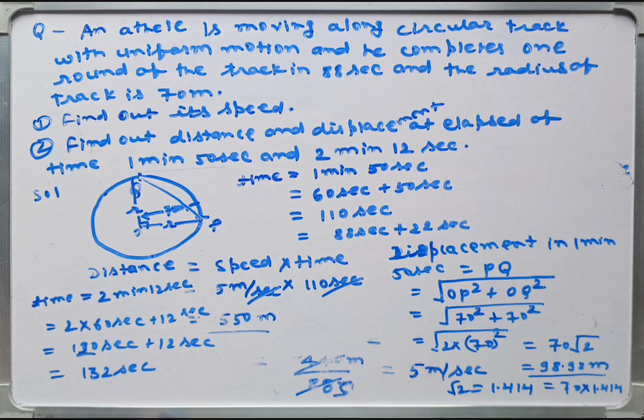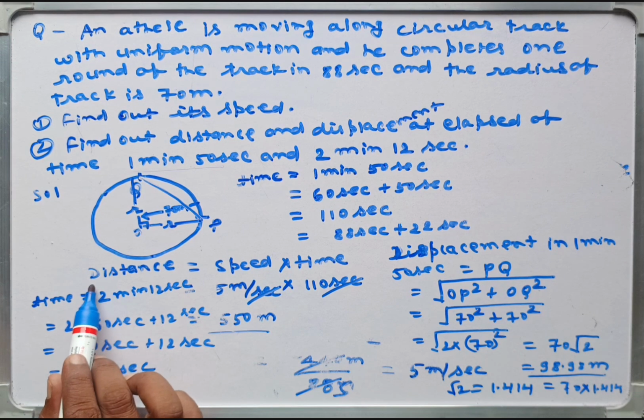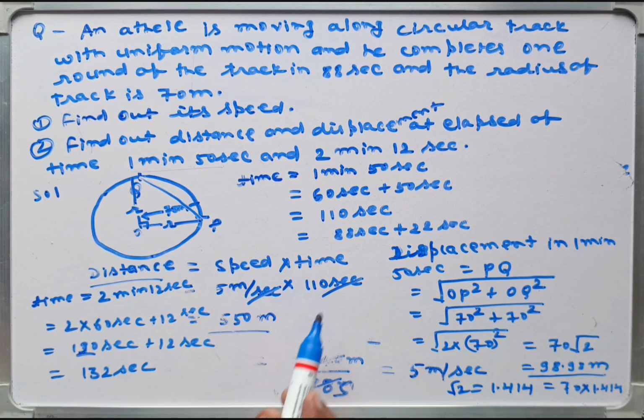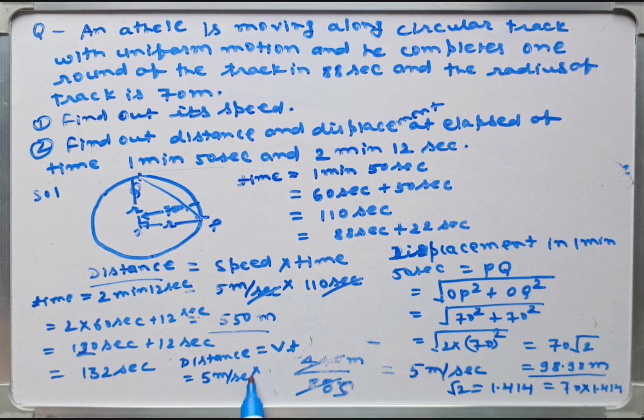So now you know the distance formula, speed into time. So distance covered by particle in time t equal to speed v into time. Here v is what, guys? 5 meter per second, and this is 132 second. So you can get here 660 meter.